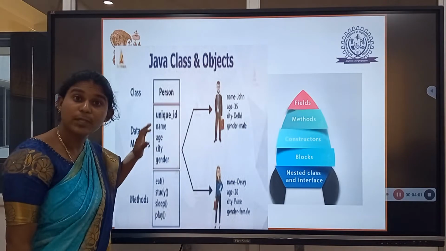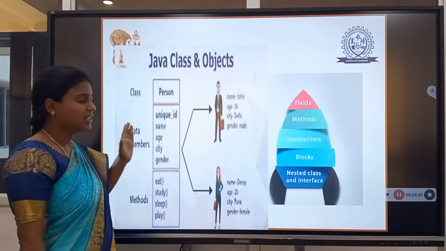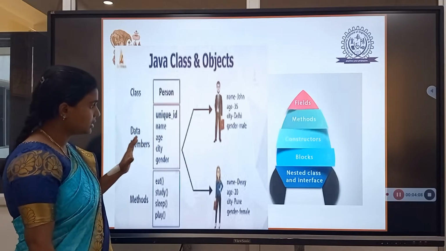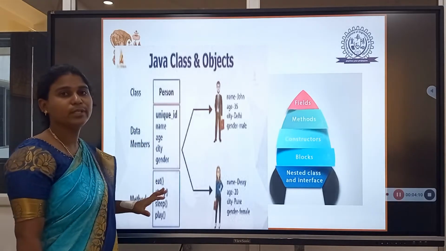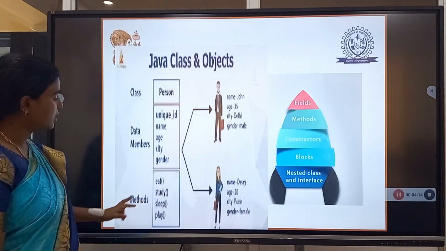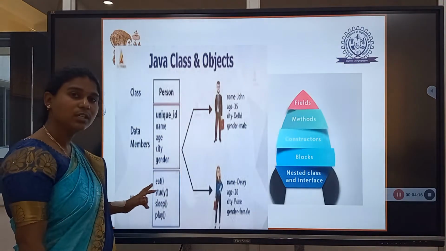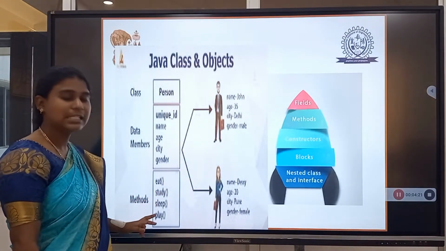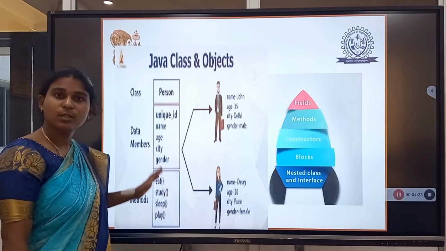These are the properties of the class. And methods: what are the abilities to do? A person can do operations like eat, study, sleep and play. These are all the methods.